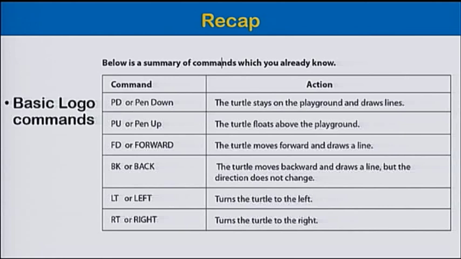The turtle moves forward and draws a line. BK or back. The turtle moves backward and draws a line, but the direction does not change. LT or left. The turtle turns to the left. RT or right. The turtle turns to the right.